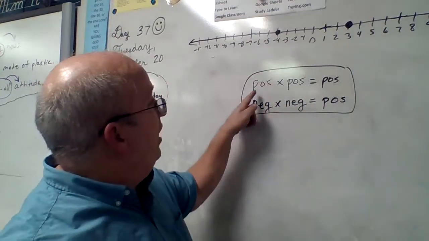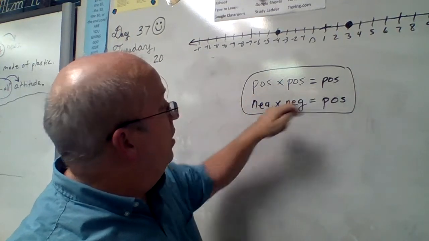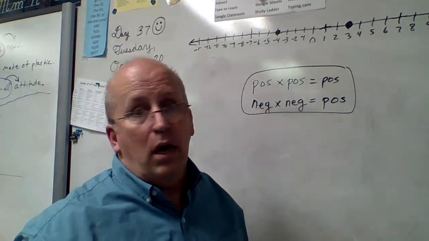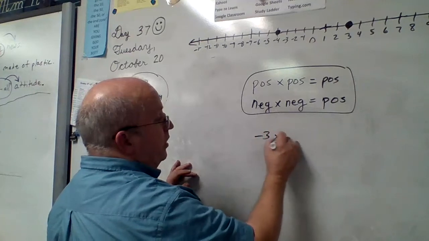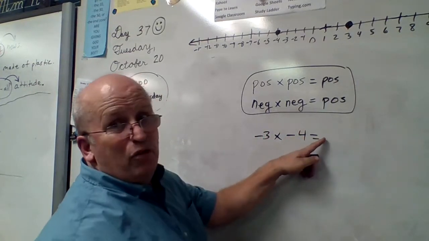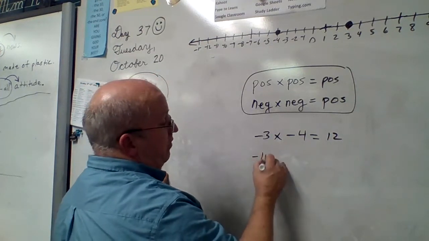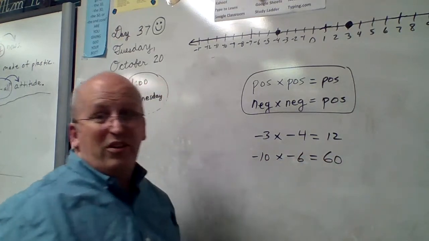In both of these cases, if it's a positive times a positive, the answer is positive. If it's a negative times a negative, it's still positive. I know. Weird. So if I take negative 3 times a negative 4, the answer is not negative 12. The answer is positive 12. If I take negative 10 times a negative 6, the answer is a positive 60.